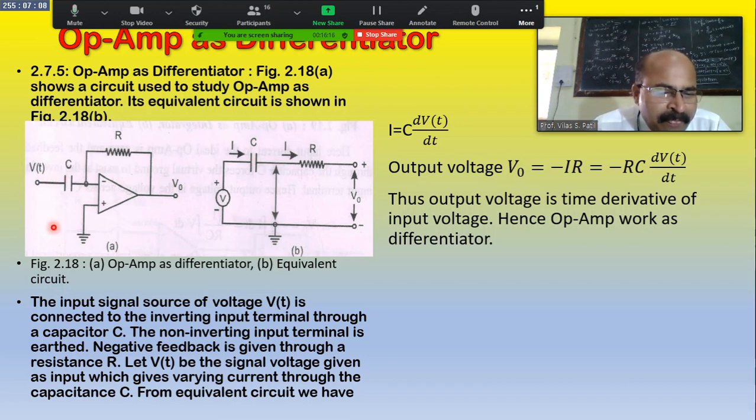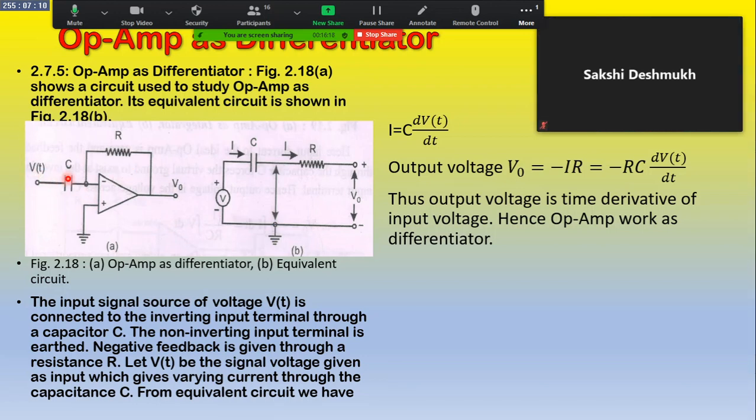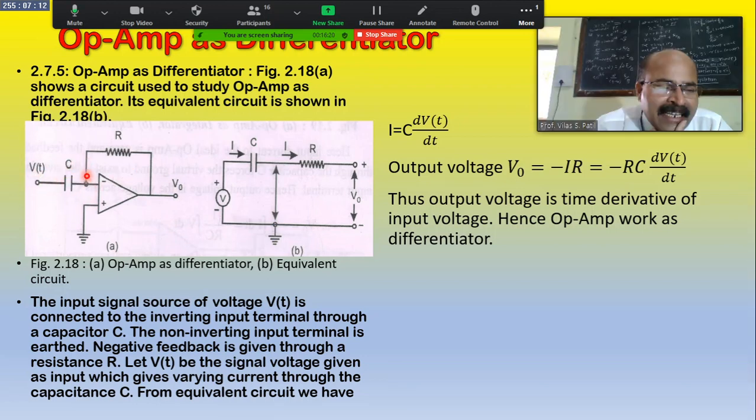See here, the inverting terminal is connected directly to the capacitor. Here is the capacitor, and again here is the feedback. We know that feedback is the process of injecting some fraction of the output back to the input.